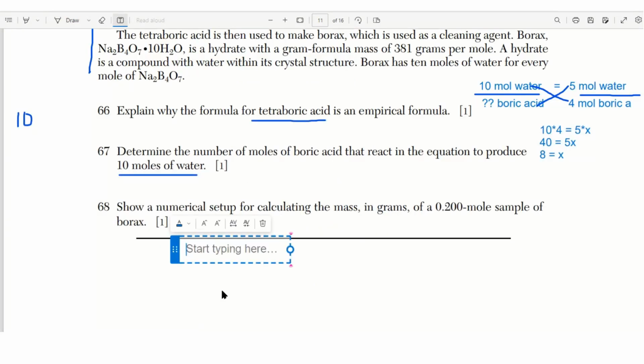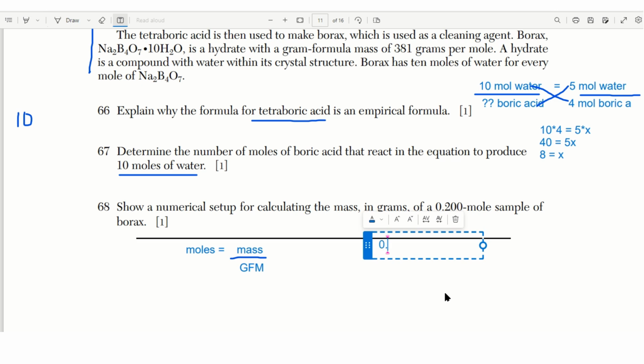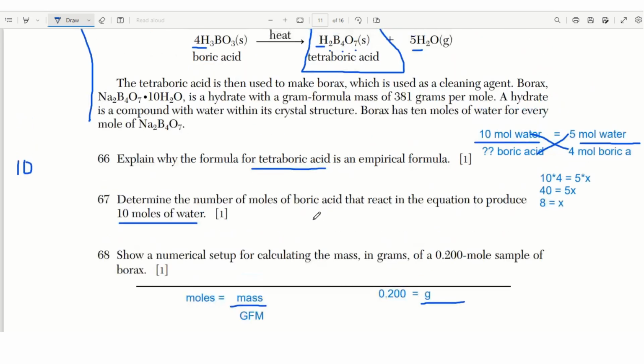So moles equals mass over, right, over what? Gram formula mass. Plug in what we know. So we know 0.200 is moles, right? It says we're calculating mass. So I'll just say G because that's the unit for mass, right? And that is going to be over on this side, the gram formula mass.